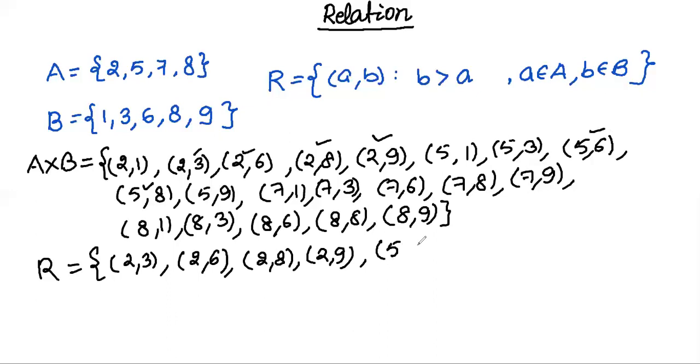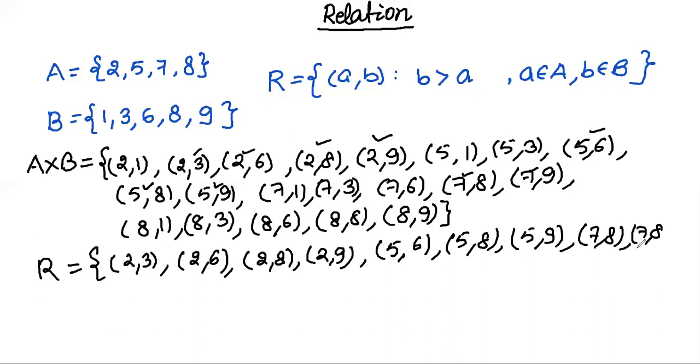Then (5, 8), (5, 9) also. Here (7, 8), then (7, 9) also. Then (8, 1), no, (8, 3), (8, 6), again no, (8, 9) is there. So these are the elements of R.